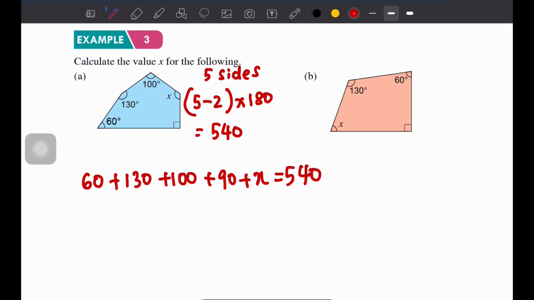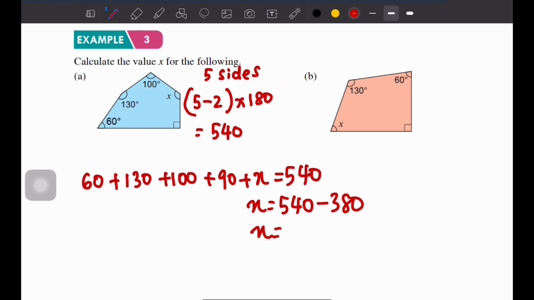So you add up all of these: 60 plus 130 plus 100 plus 90. So x is equals to 540 minus 380. So x is equals to 160. Okay, boleh? As simple as that. Mudah sahaja, tak susah.